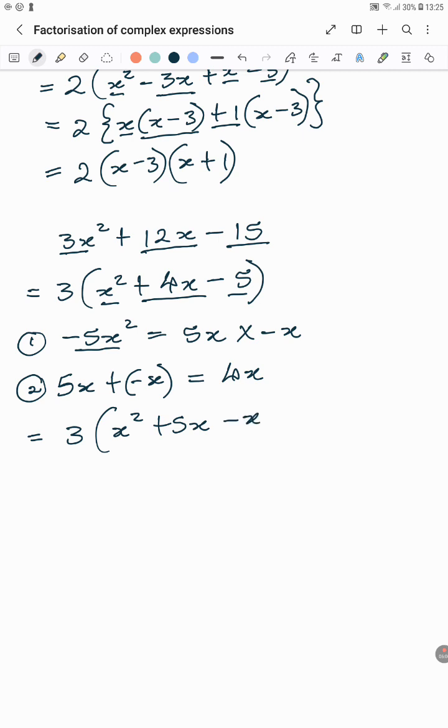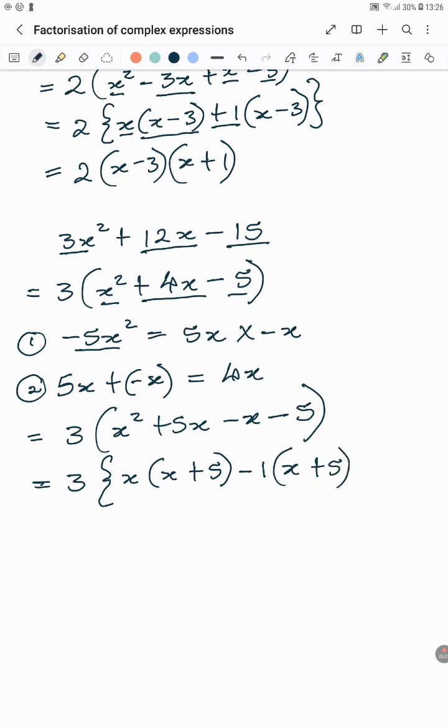minus x minus 5, and here you introduce the curly bracket. You take out x here, you're going to have x plus 5, and here you take out minus 1, and here you're going to have x plus 5, because if you divide this by another minus 1, you're going to get a positive answer there.